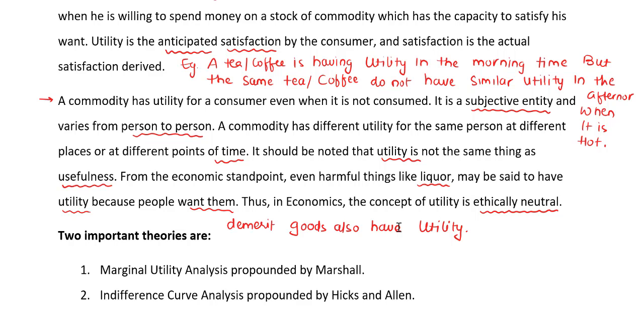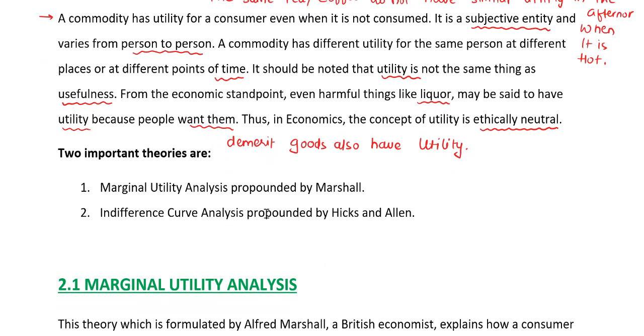There are two very important and significant theories over here. The first theory is the marginal utility approach propounded by Sir Alfred Marshall, and another is the indifference curve approach propounded by Hicks and Allen.